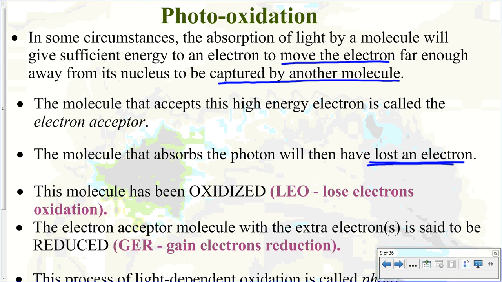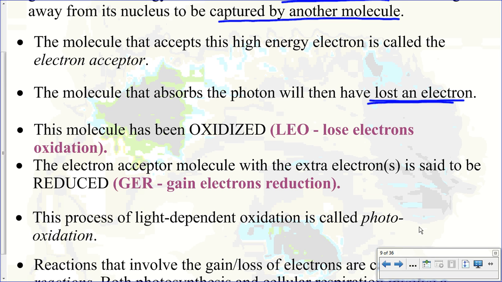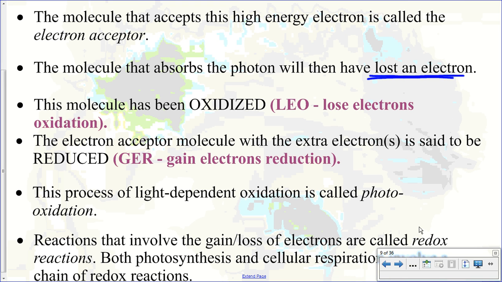So I mentioned that term oxidation. So the term oxidized does specifically mean lose electrons. So anything that has become oxidized will have lost electrons. Whatever gains electrons is referred to as reduction. So oxidized, lose electrons; reduced, or reduction, is the gain of electrons.